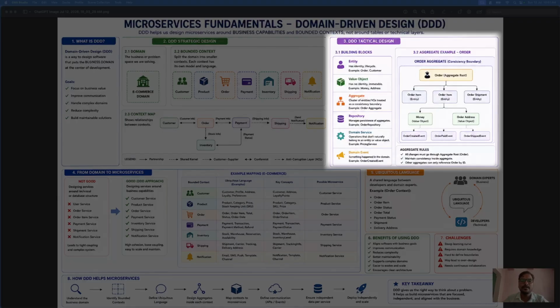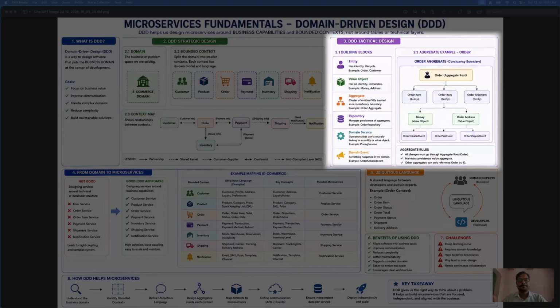The next one is the domain event. Whenever something important happens in your business, we create a domain event. Example, order created, payment completed, inventory reserved, shipping delivered.